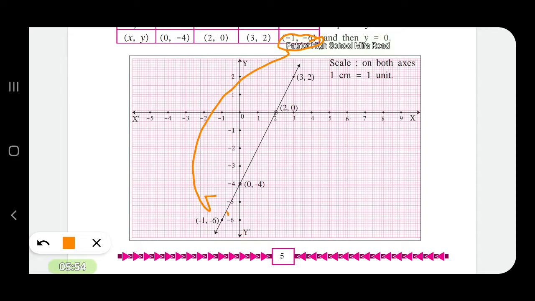Advancing in the x direction minus 1, and in the y direction minus 6. So first we advance minus 1 in the x direction and minus 6 in the y direction. So we end up at this point. So minus 1, minus 6 is represented by this point.